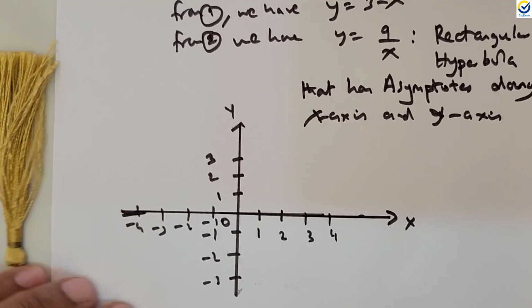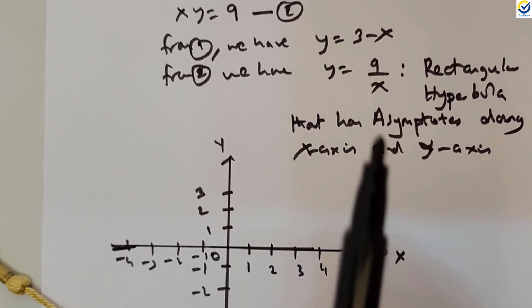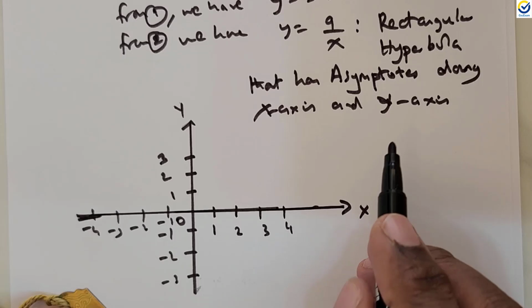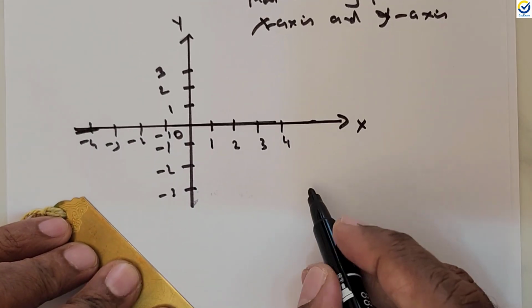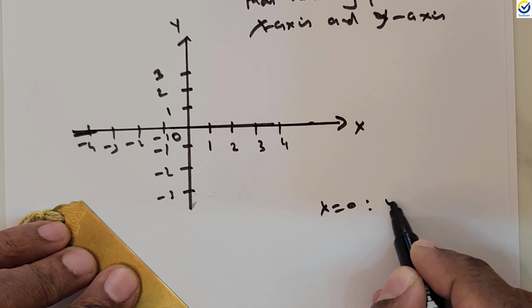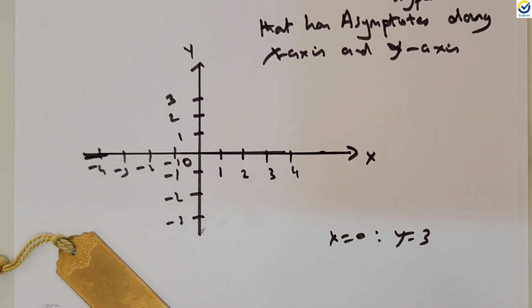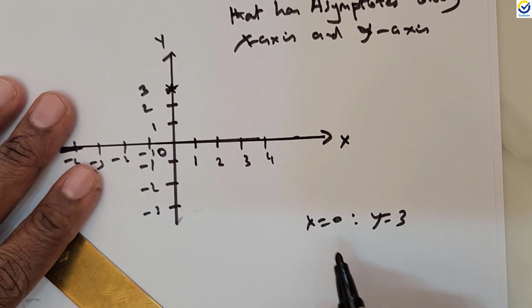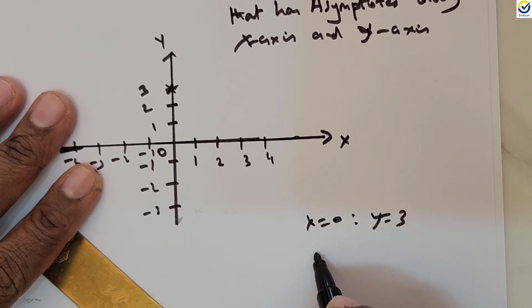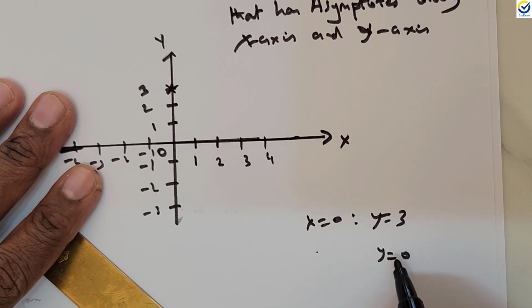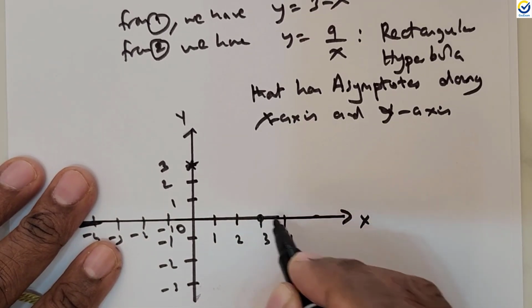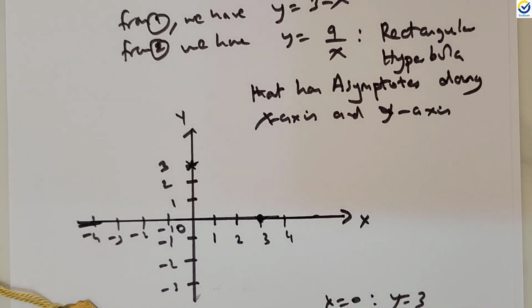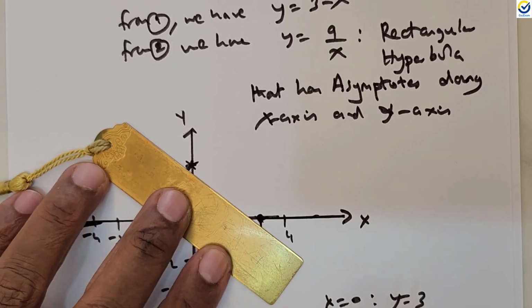First, let me draw the line y = 3 - x. When x = 0, y = 3, and that is this point. If I take y = 0, then I get x = 3. So this is the next point. Let me draw the line.